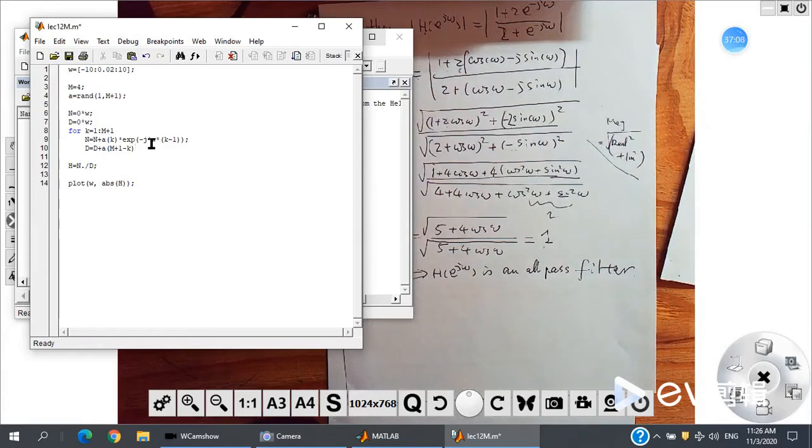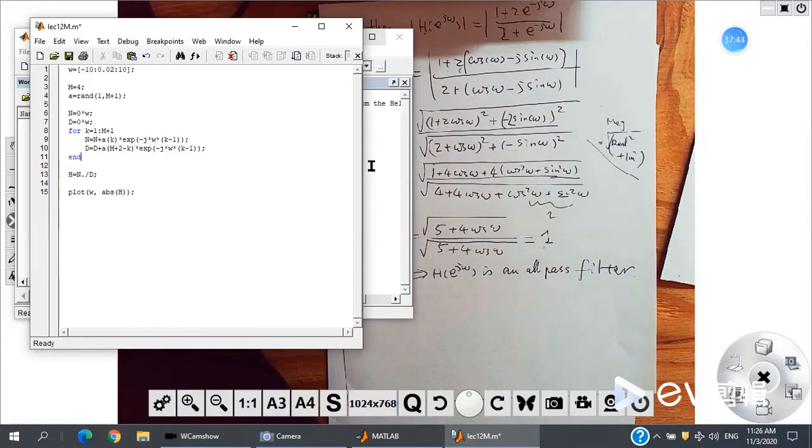When k is 1, I need plus 2. Am I good? When k is 1, I have m plus 1. When k is m plus 1, I have 1. Yeah, now it's good. Just a reverse, right? With the order in n. Then times the exponential power of negative j times omega times k minus 1. Okay, this part is the same. Okay, I'm done.